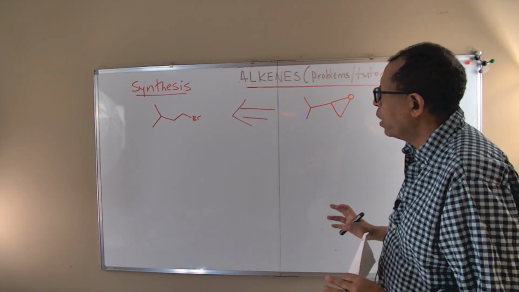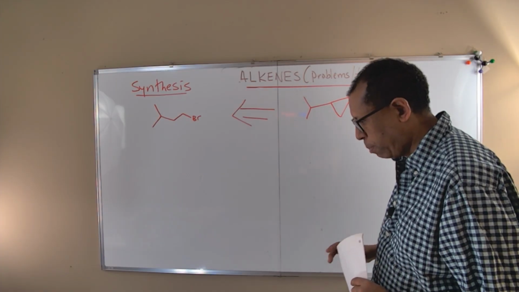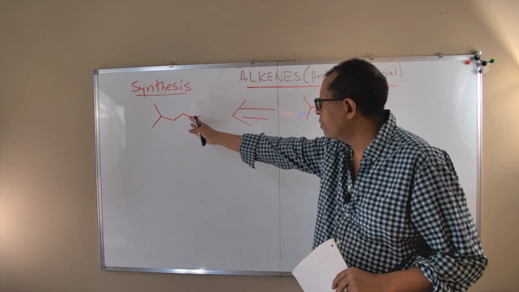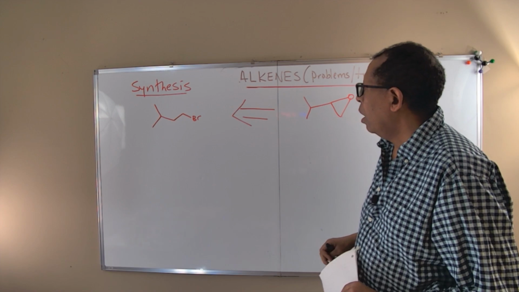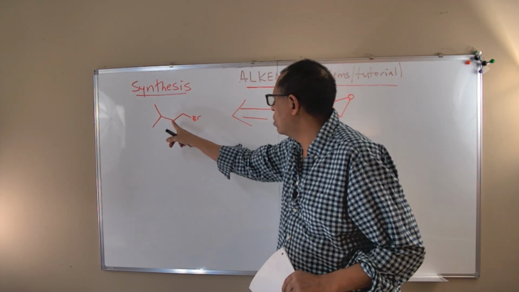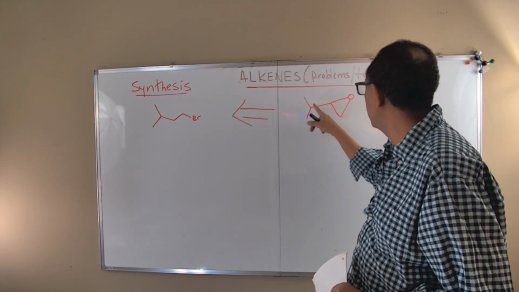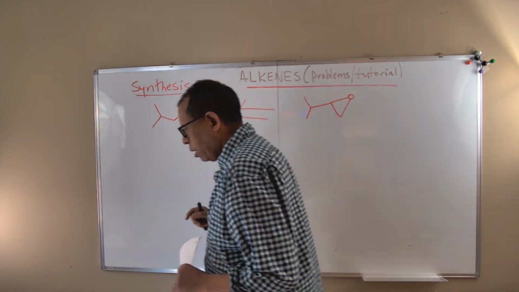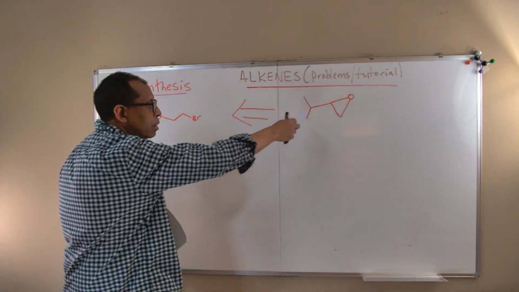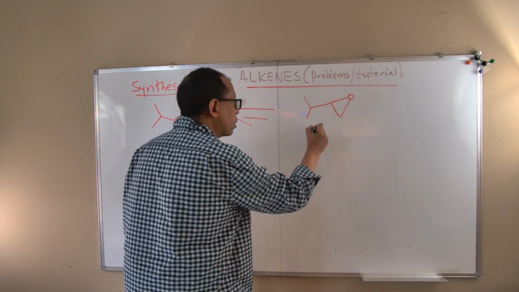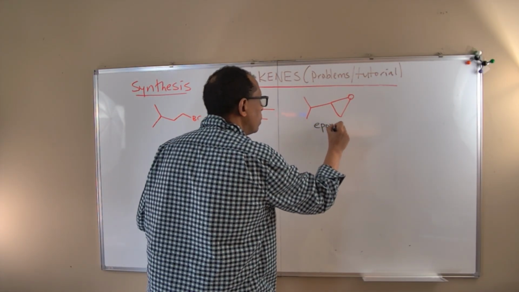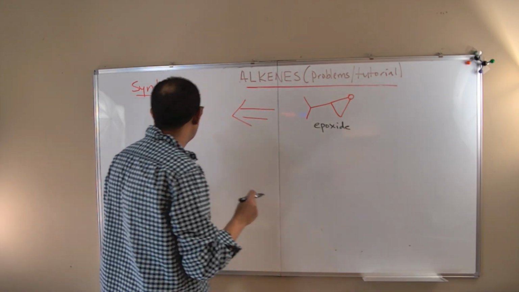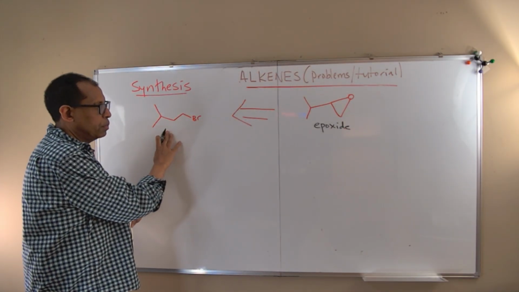Okay, still we are continuing on synthesis problem. Here I have this alkyl halide, which is a 1, 2, 3, 4 carbon compound. So the question is, how do you synthesize this epoxide? This is an epoxide, obviously, starting from this compound.